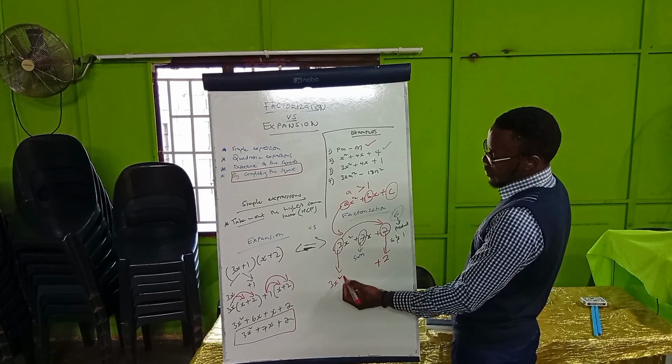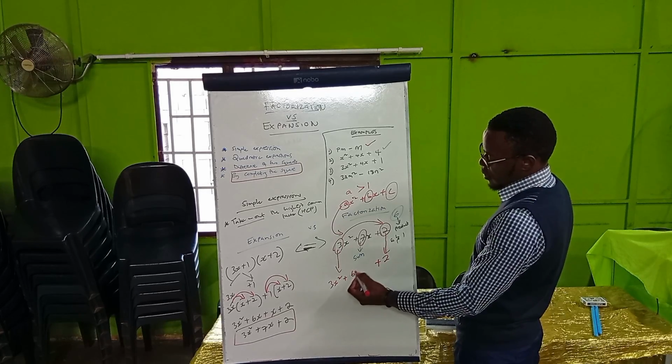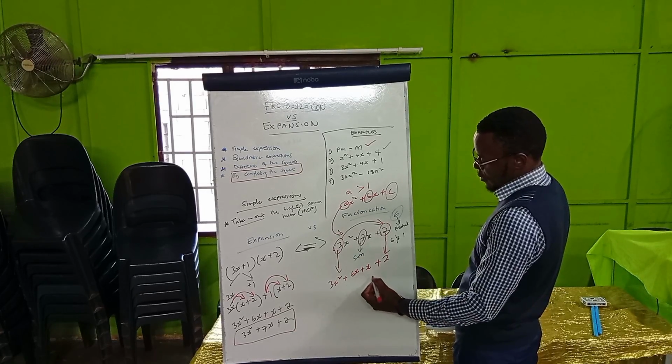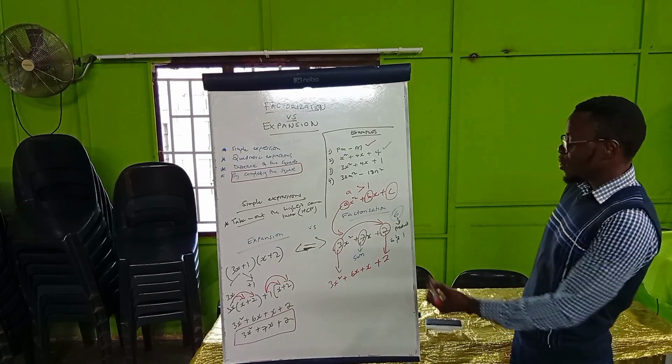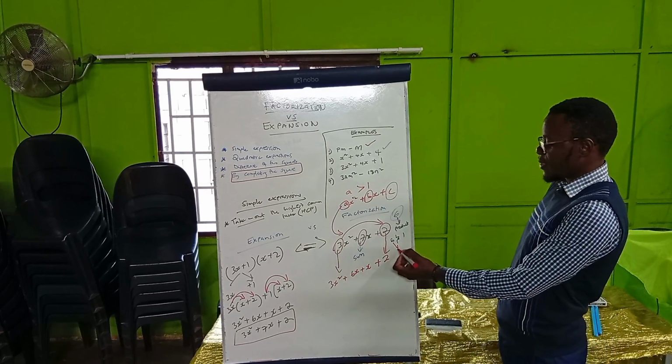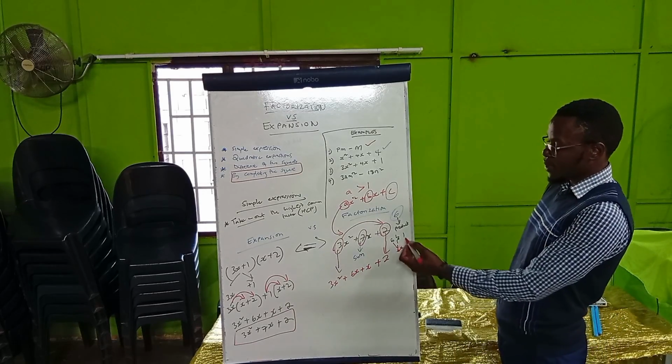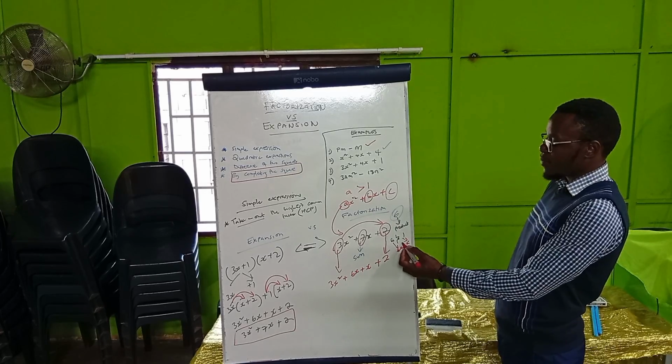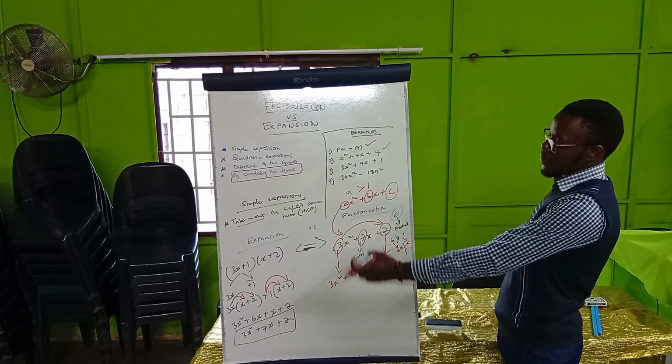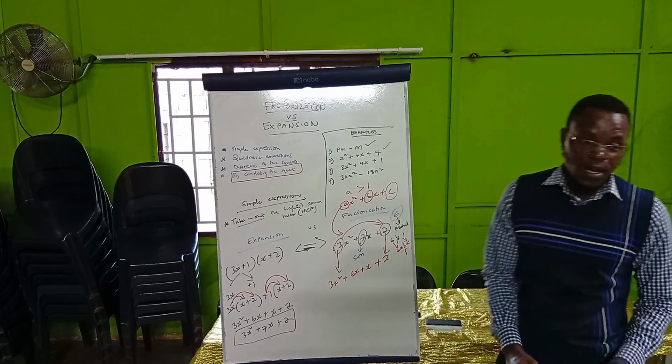Then, instead of writing 7x, we will write 6x plus x. In other words, you simply write the factors in terms of x: 6 becomes 6x and 1 becomes x. Then plug them in the place of 7x.